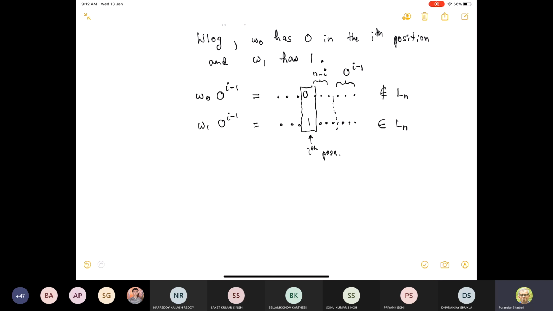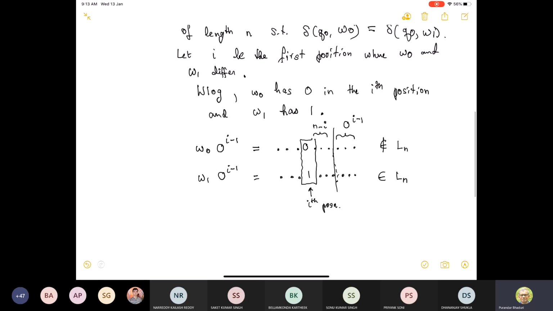Well, because we know that after processing this part, that is the original strings W0 and W1, the machine reaches the same state. I mean, that's by assumption.